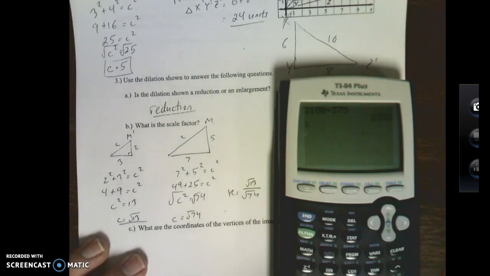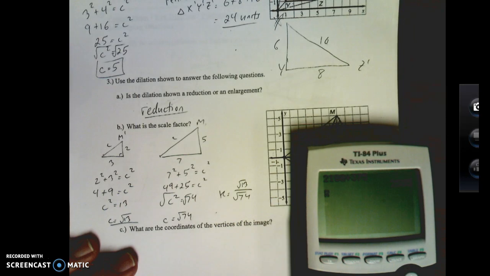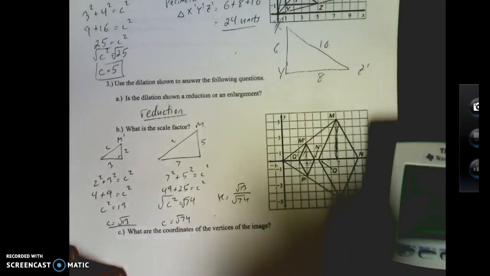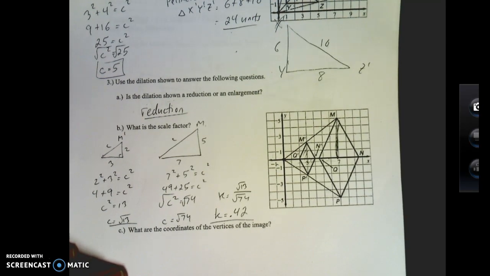Okay, so on my calculator, square root of 13, close it, divided by square root of 74. 0.419, we're going to round it to the nearest hundredth, so 0.42. Okay, which again makes sense because it's a reduction, it's getting smaller.